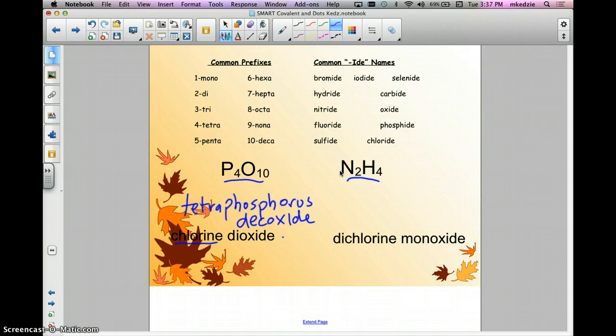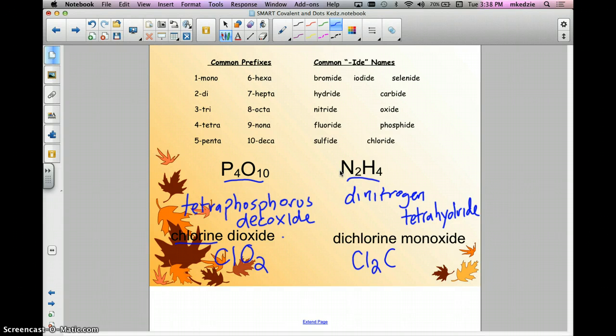All right, over here, 2 nitrogens, dinitrogen. 4 hydrogens, tetrahydride is what you do with hydrogen. Okay, chlorine dioxide. Cl, just 1. Dioxide means 2 oxygens. ClO2. Dichlorine monoxide. 2 chlorines. Mono means 1 oxide.